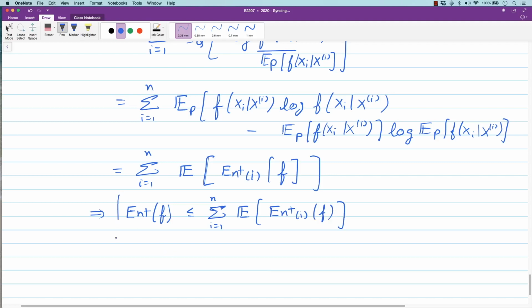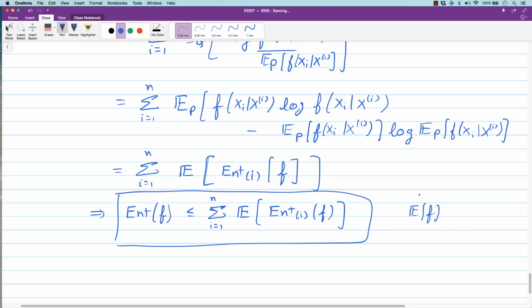And we have shown it only for the case when the expected value of f is 1. But now you note that if this inequality holds and you divide both sides with a constant, then still the inequality holds.